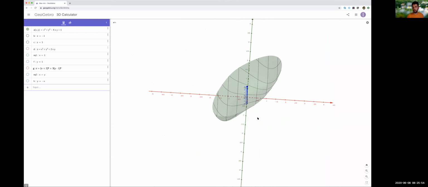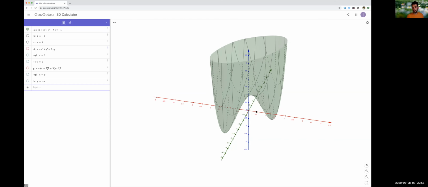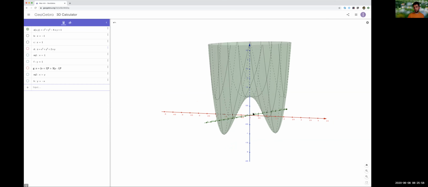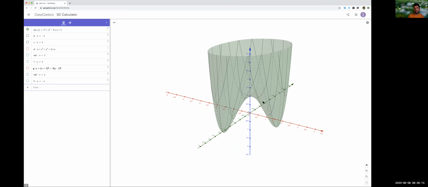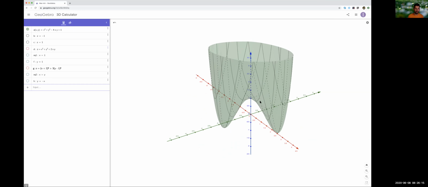So when we turn the graph this way, notice the points 1, 1 and negative 1, negative 1 correspond to these very clearly local minimums. But 0, 0 on our graph is this strange point in the middle. And this point is not a local maximum or minimum.